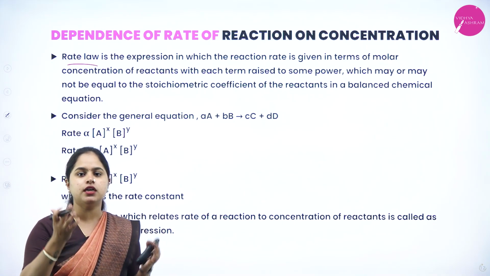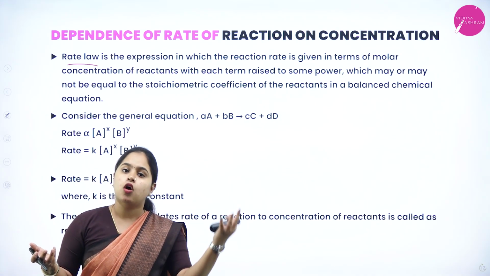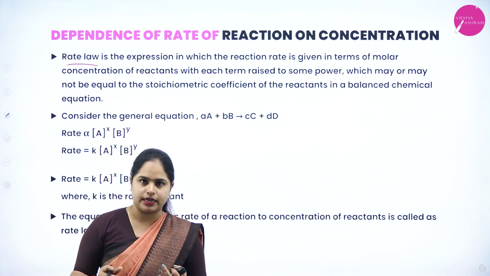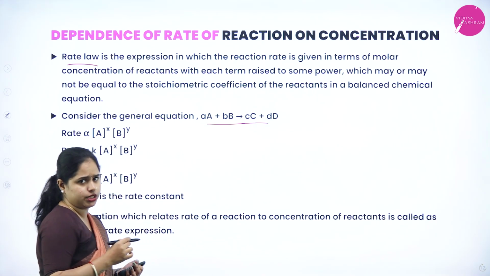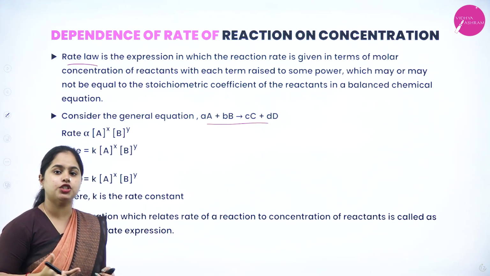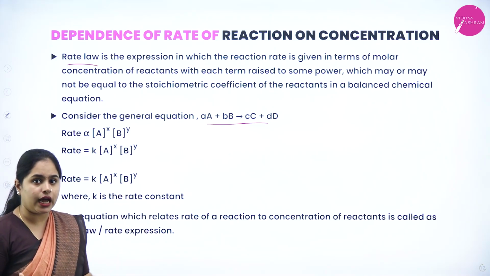Rate law gives a relationship between the rate of the reaction and the concentration of the reactants, not products, only the reactants. So if I am considering a general equation, how can you write the rate law? As I told you, it's a relationship between the rate of the reaction and the molar concentration of the reactants.